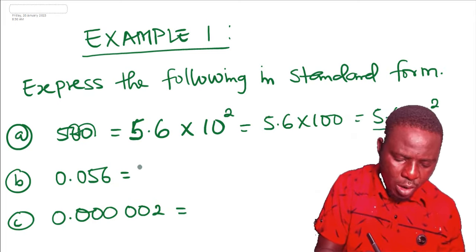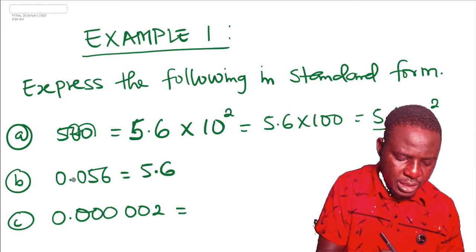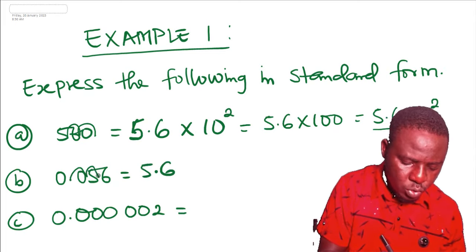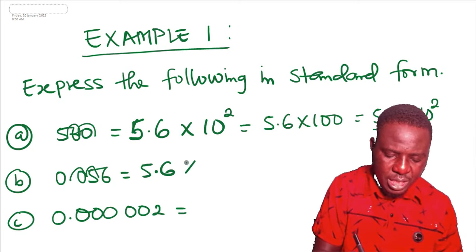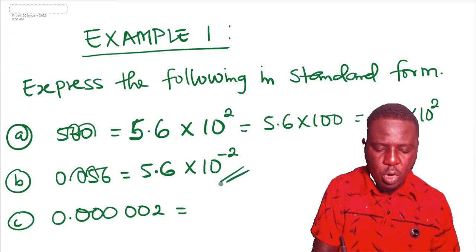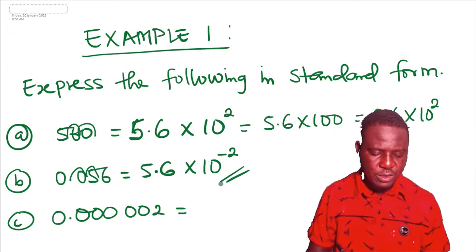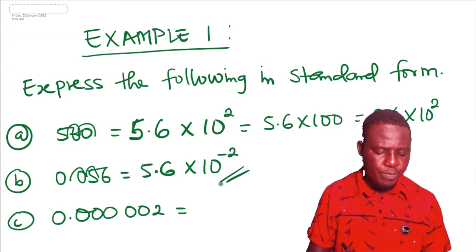So this will now be equal to 5.6. If you move this 1, 2, this becomes 5.6 times 10 raised to the power of minus 2, because I moved the decimal point 2 times to the right, sorry.